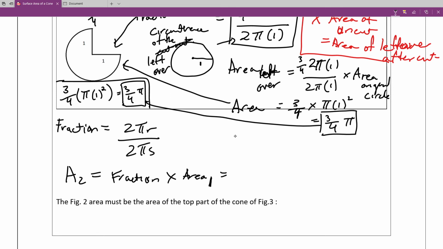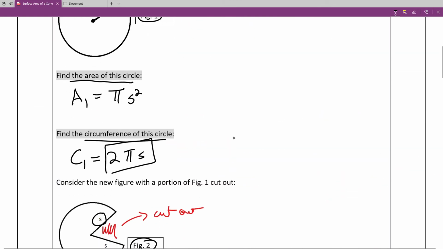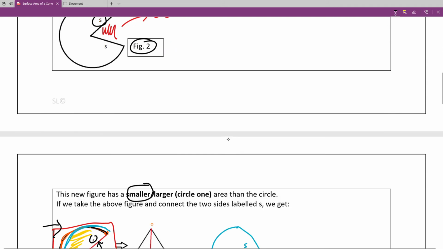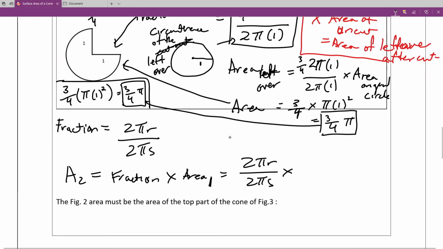So the fraction is 2 pi r divided by 2 pi s times the area of the whole circle. And the area of the whole circle we have up here on our previous page, pi s squared. Now we can simplify this a bit because 2 pi divided by 2 pi is 1.